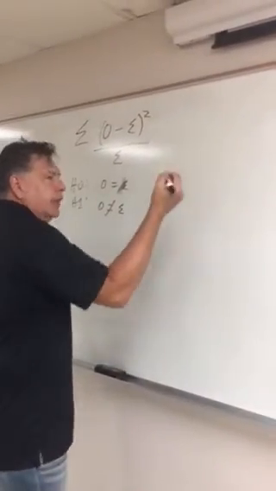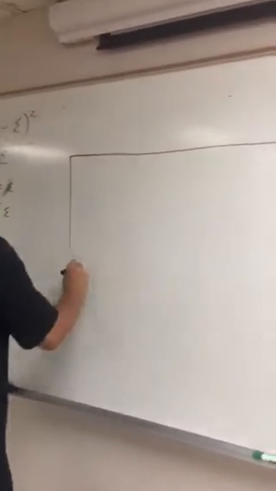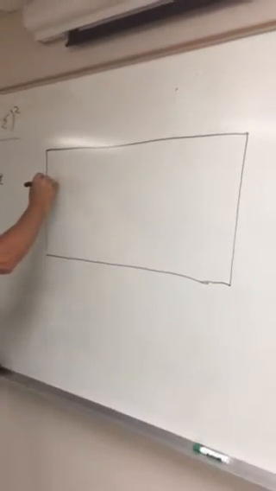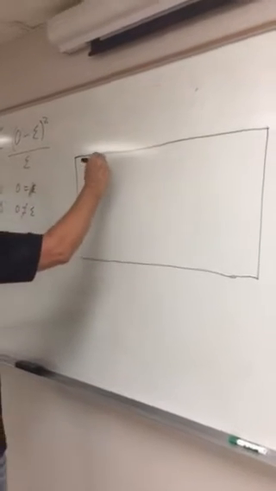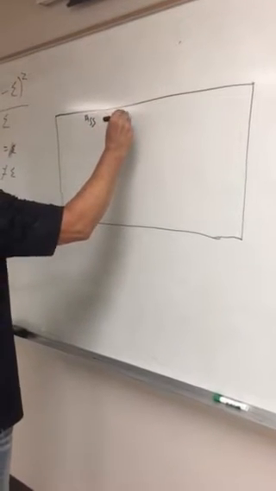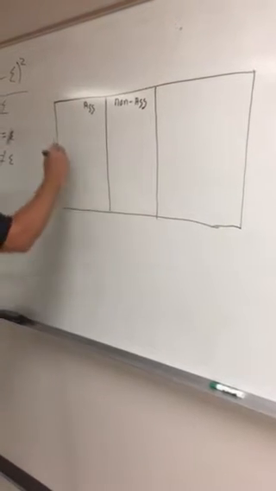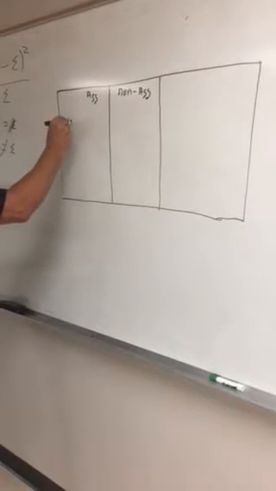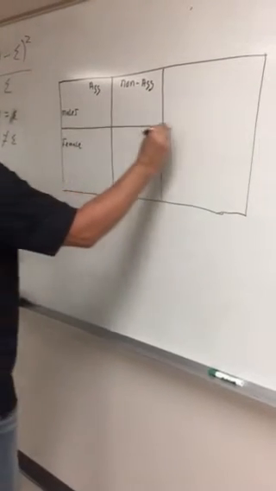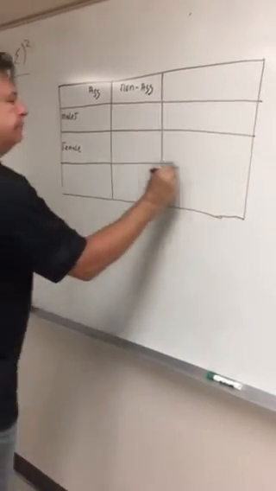So I'm going to come up with a chi-square table. It's going to kind of look like the F table, but it's not going to be as bad. I'm going to have aggression and non-aggression, and I'm going to have males and females. Now I'm going to have data.